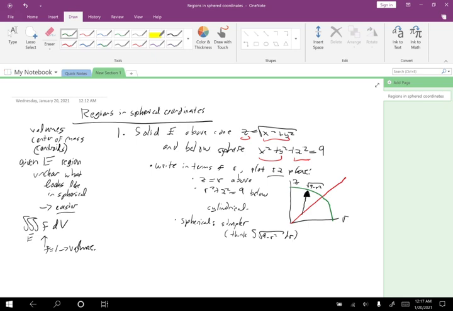So, in spherical coordinates, what we have now is z equals r going to rho cosine phi. I'm going to draw a phi where it should be, and I'm going to put a rho. And the right-hand side will then be rho sine phi.